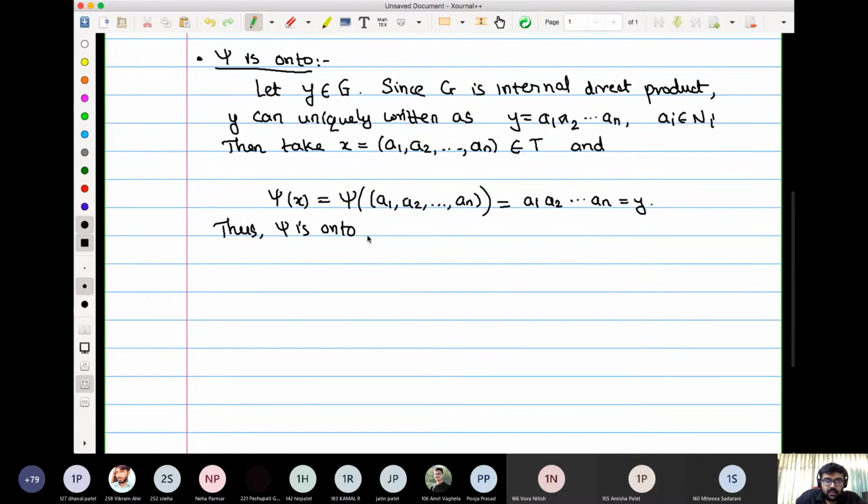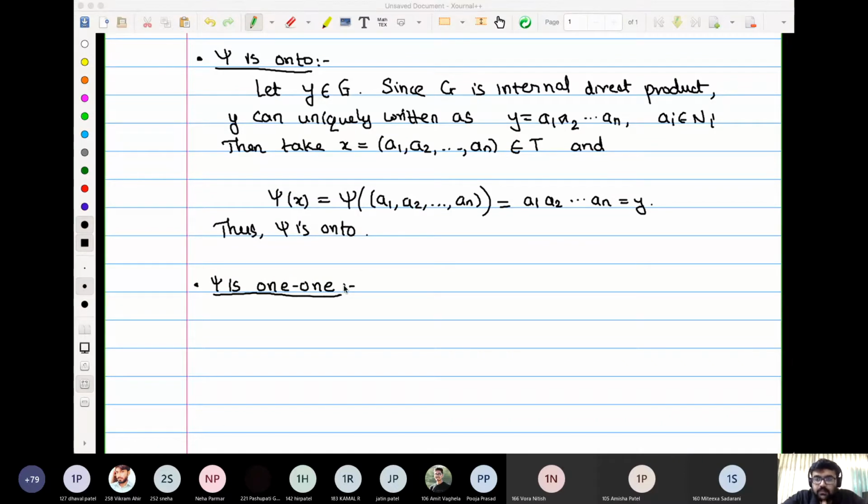Next, let us show that psi is 1-1. To show psi is 1-1, we take psi of a1 a2 up to an equal to psi of b1 b2 up to bn.